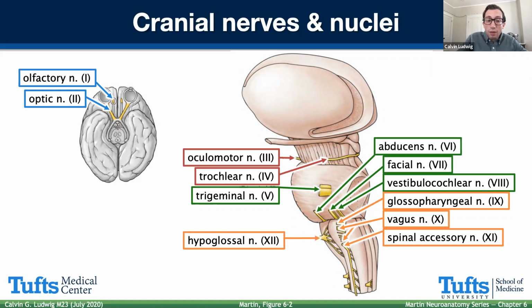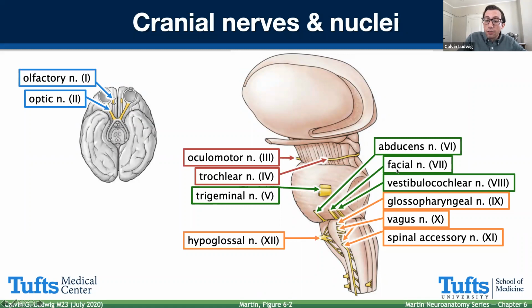The remaining 3 pontine cranial nerves here, these green ones, are found at the pontomedullary junction. The abducens is a motor nerve that, like the oculomotor and trochlear nerves, innervates eye muscles.